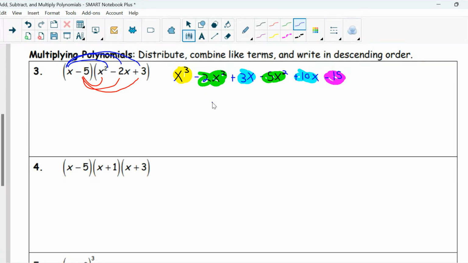So I've only got one x cubed value, so that gives me x cubed. I'm going to combine my x squareds. Negative 2 minus 5 gives me negative 7x squared. 3 plus 10x, 13x minus 15. And there's my final answer for that one.